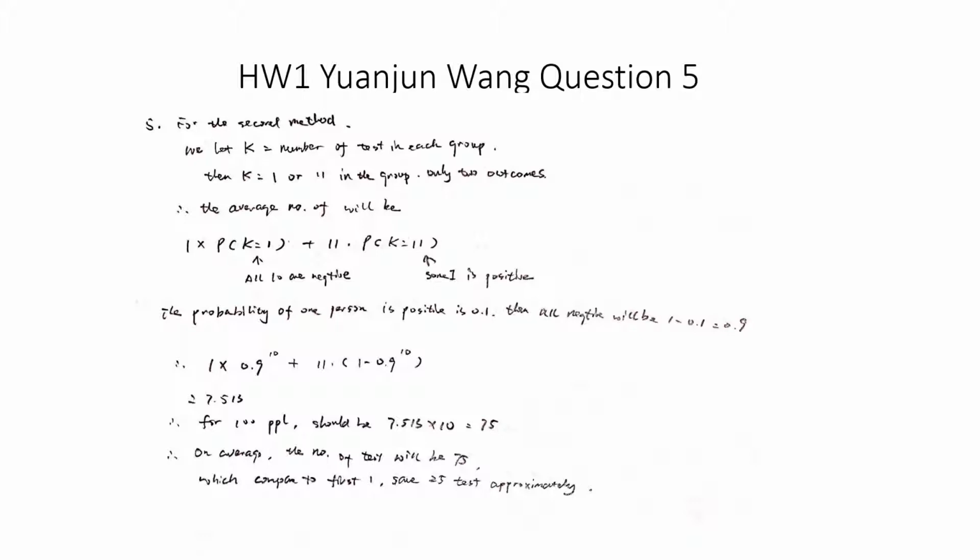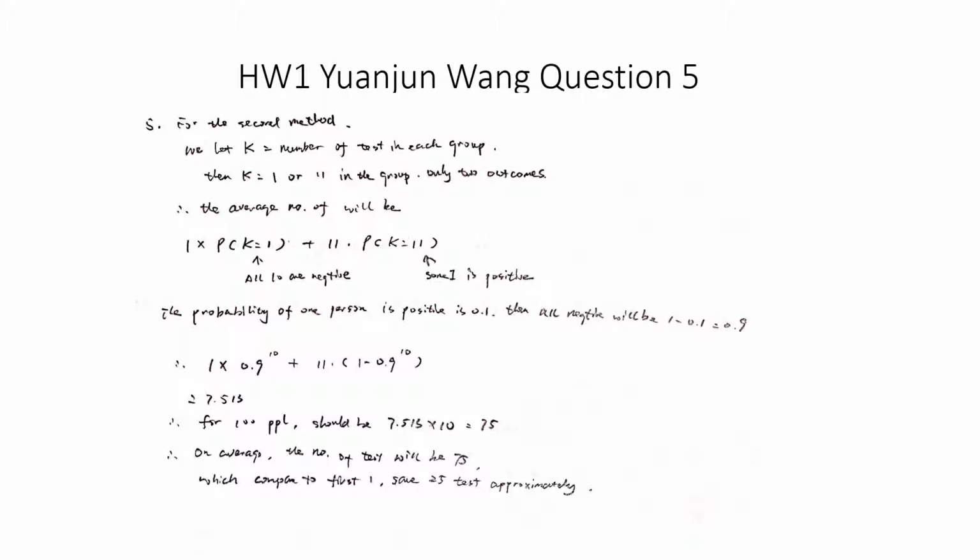So the question is, on average, what is the number of tests we need to do for the second method? For the second question, first we let k equal the number of tests in each group.